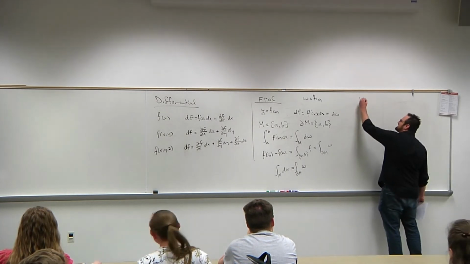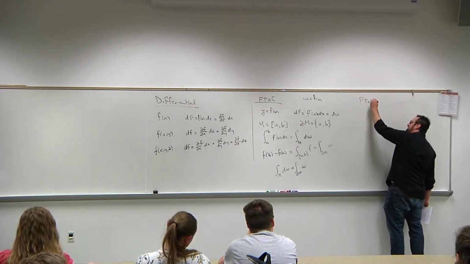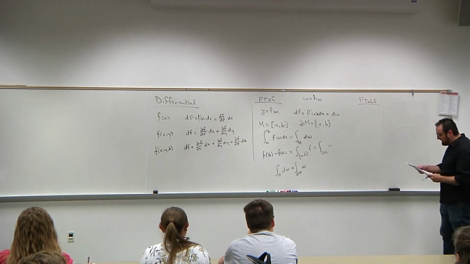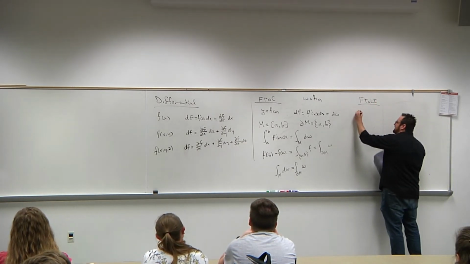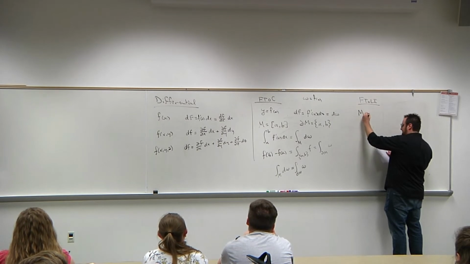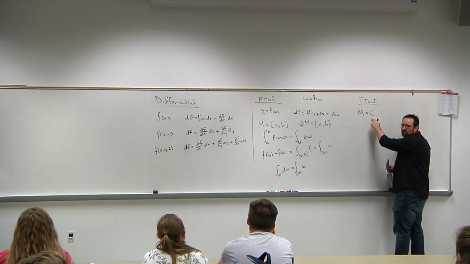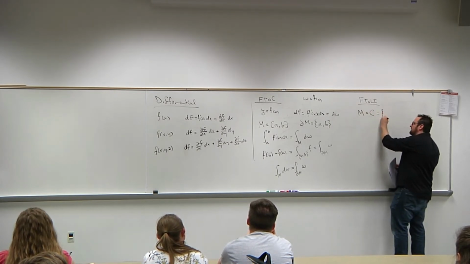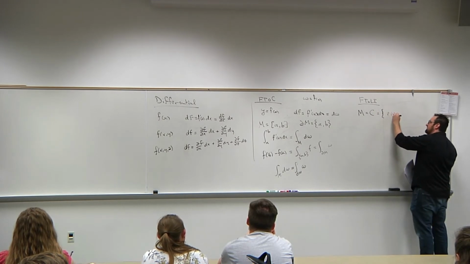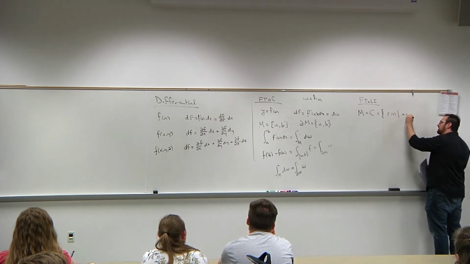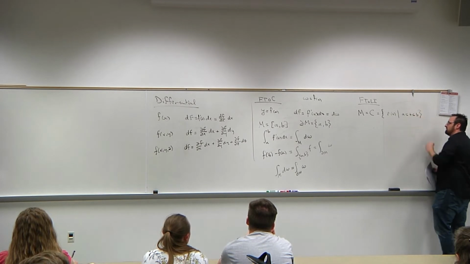All right, let's compare this to what happens with the fundamental theorem of line integrals. In this case, what's my m for a line integral? It's going to be that curve C, right? And what did we say that looked like? R of t, right?